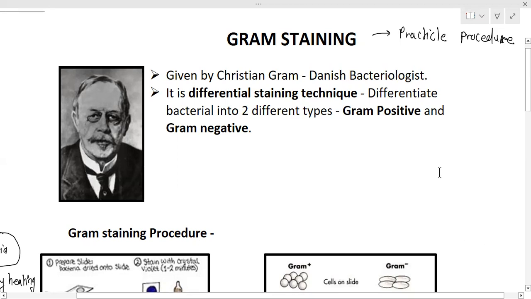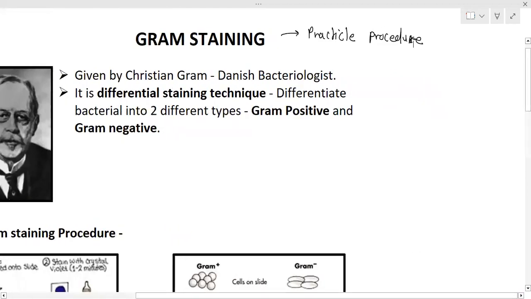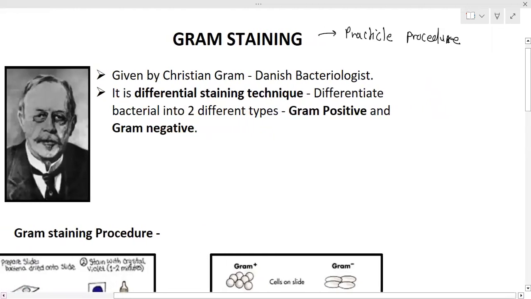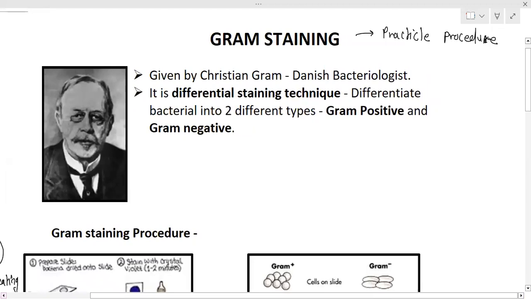Have you learned adjusting the microscope? Yes, ma'am. It is very interesting to learn. When we were in school, one of my dad's friends had his own microscope, so we used to do practicals with him.